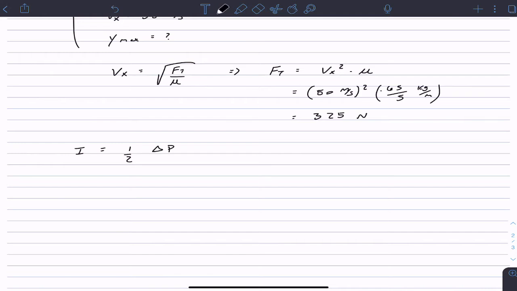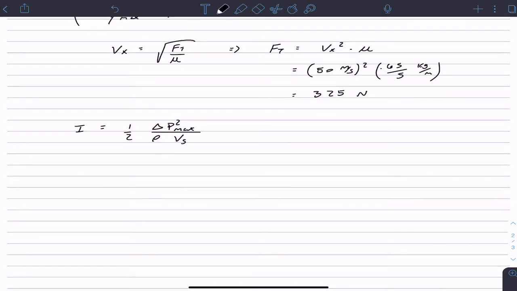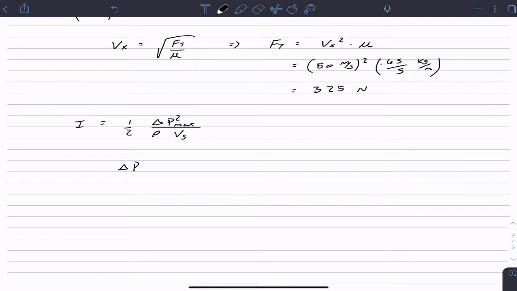We have pressure difference, and over density times the speed. Where the difference in pressure is equal to something we just looked at, right, times the amplitude. So this in general is what we're looking for.